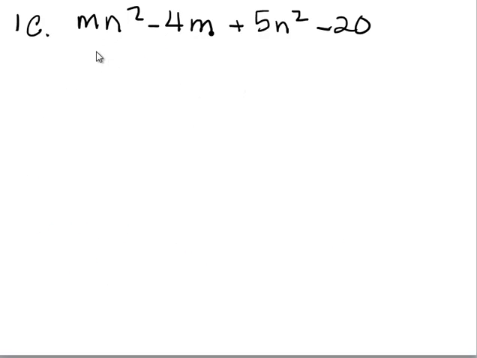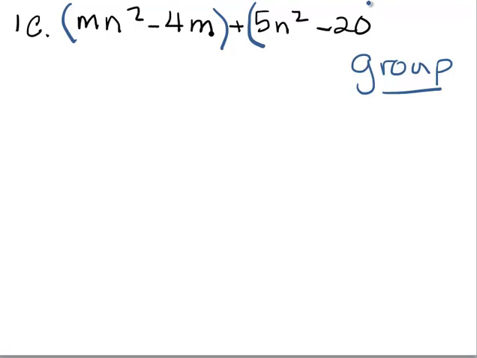This one is still an expression. Lots going on here, but there are 4 terms, 1, 2, 3, 4, and that tells me I should give grouping a try. Let's just do this and see what happens.